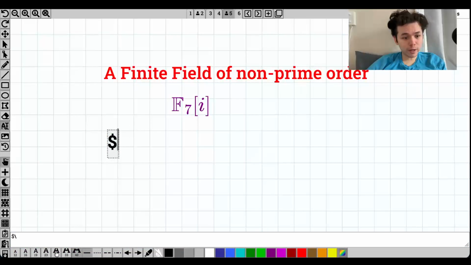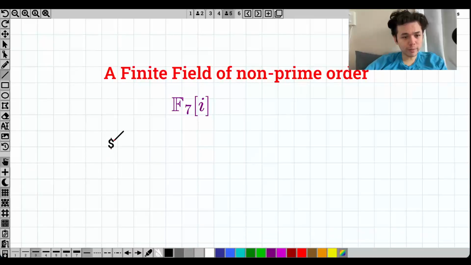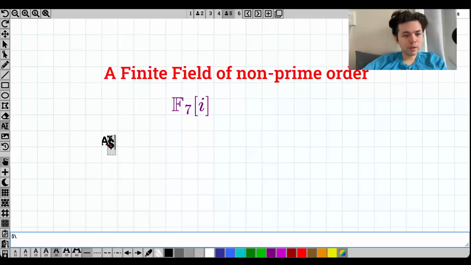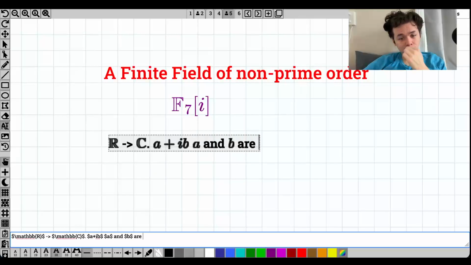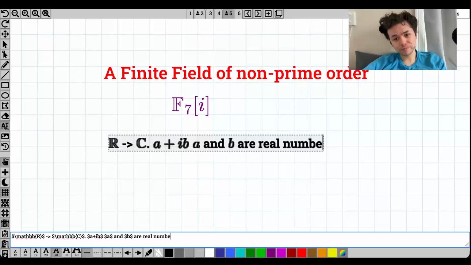say going from the real numbers to the complex numbers, what do we do? Well, we take two real numbers and we add i in. We say a plus ib, where a and b are real numbers.